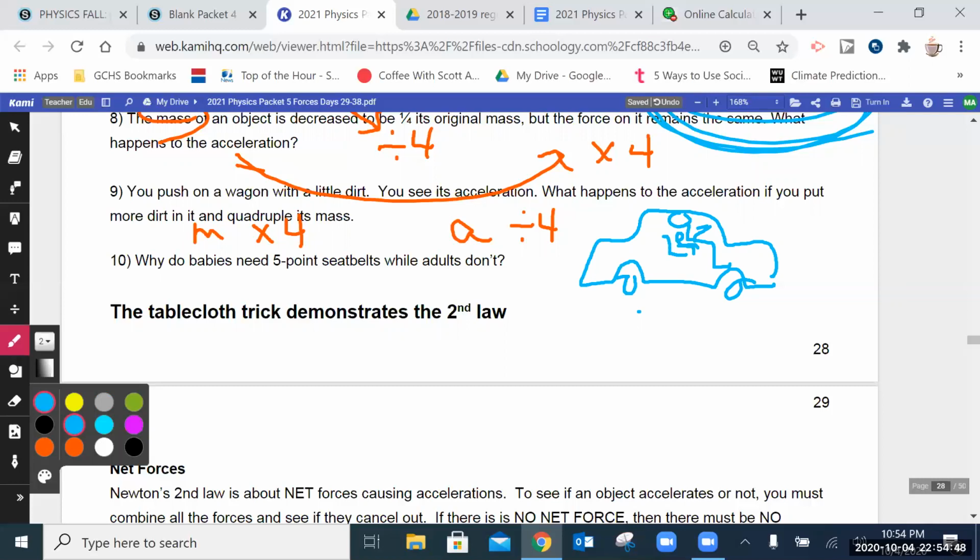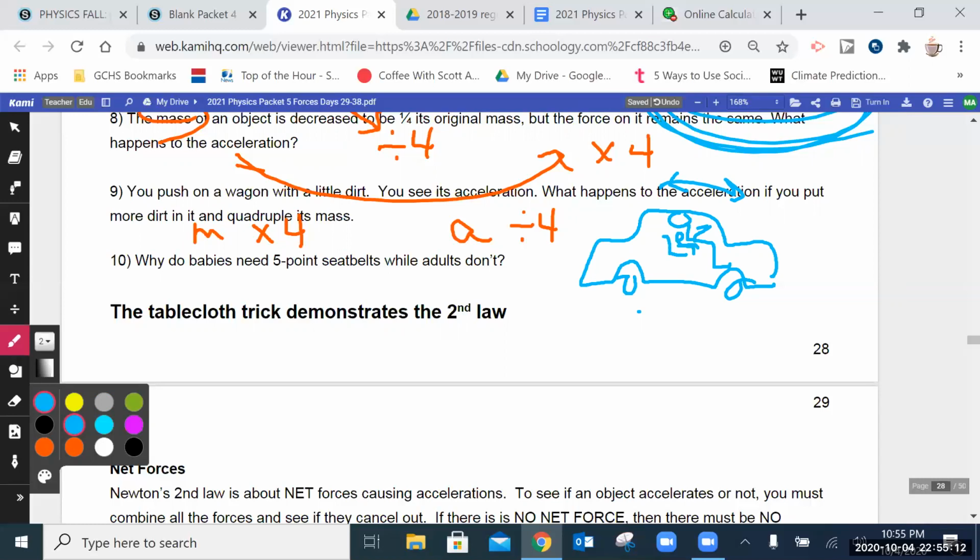Somebody rear ends this blue car with the adult and the baby in it. The adult, with their big mass, might be thrown forward just a little bit, but the seatbelt holds them in just fine. So they don't have a great acceleration by being rear-ended.